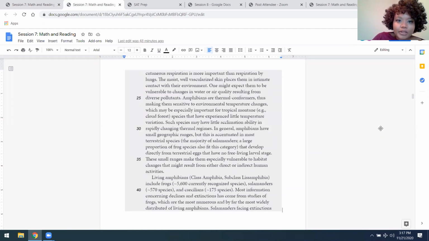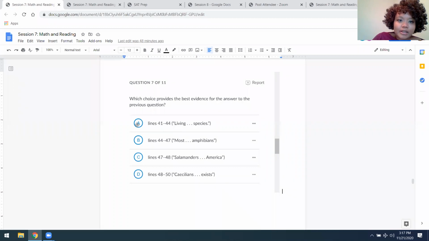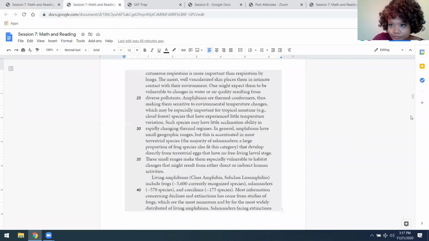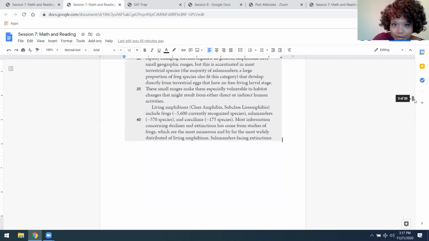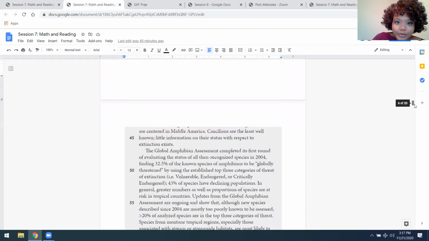So yes, DK said A. That's lines 41 through 44. So we can go ahead here and look. Most information concerning declines and extinctions has come from studies of frogs. Sicilians are the least well known.